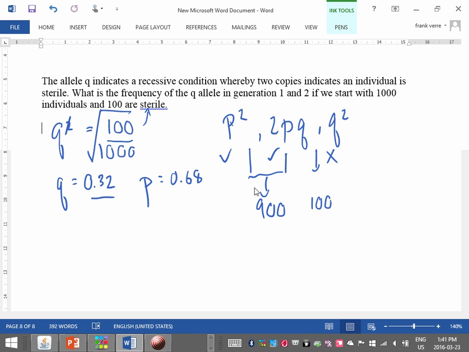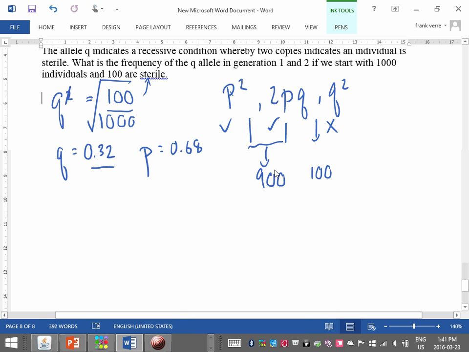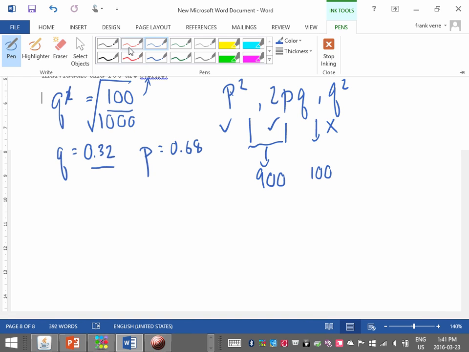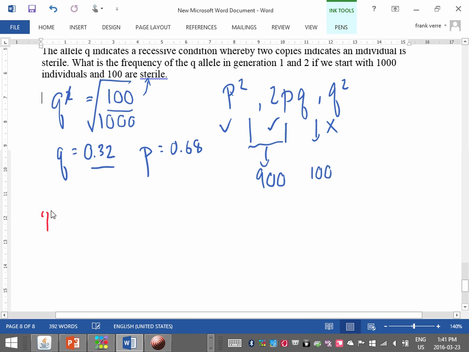But we could figure it out easily, because we know now what P is, right? So let's figure out what P squared is. P squared would be 0.68 squared. So what would that be? 0.46. So in other words, 46%, right? And what would 2PQ be? Well, that would be 2 times P times Q. So what would that be?